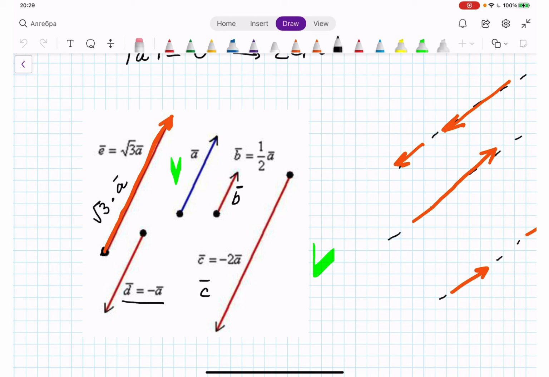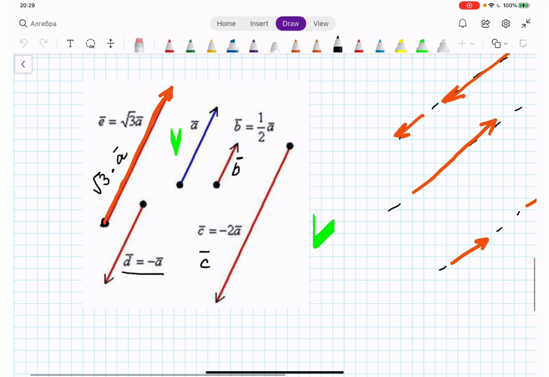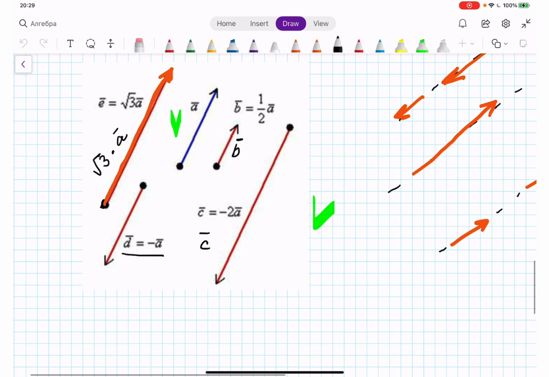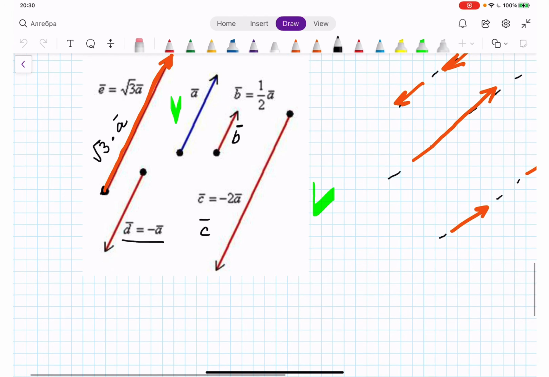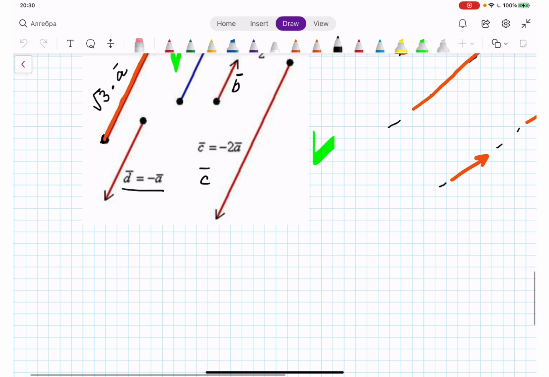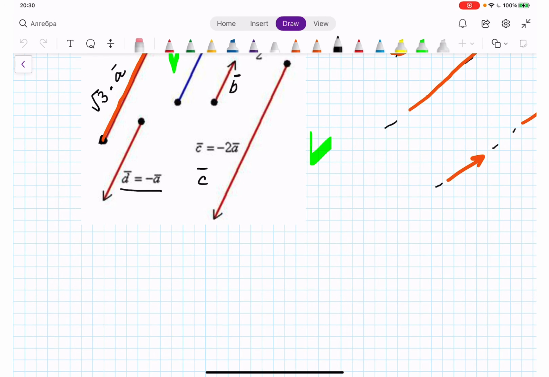Since vectors can be collinear, that means there should be vectors that are perpendicular, right? The word perpendicular, in the world of vectors, we call orthogonal vectors. The best way to show these orthogonal vectors is to draw them in a Cartesian coordinate system. I'm going to show it in a Cartesian coordinate system in space because it's better to understand.